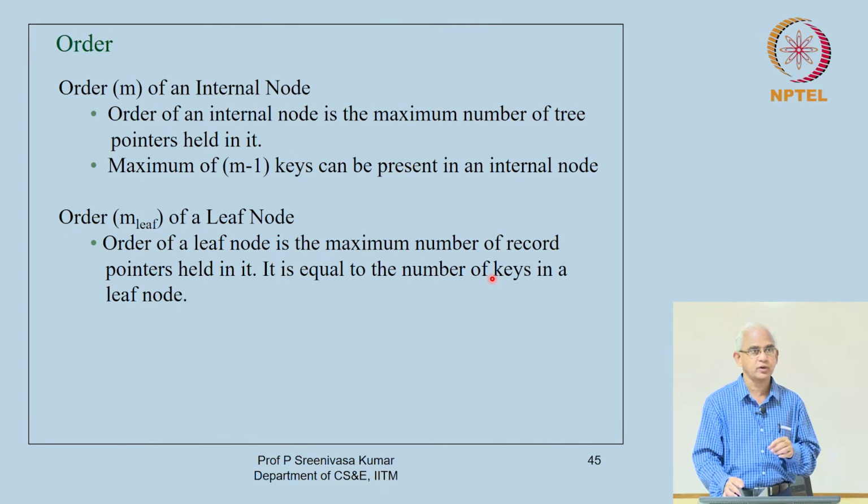What do you mean by the corresponding record? The record has exactly that value for that particular attribute. Like for example, you are talking about roll number, right. So, that record has exactly this roll number. So, roll number and a pointer to the data record, for example, if you are organizing this index on roll numbers.